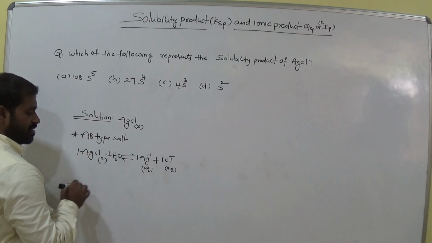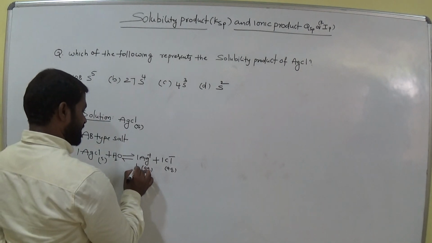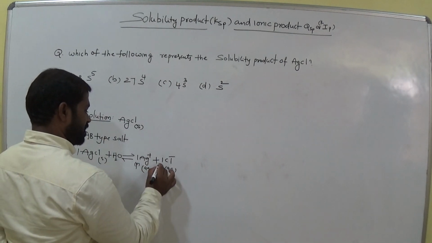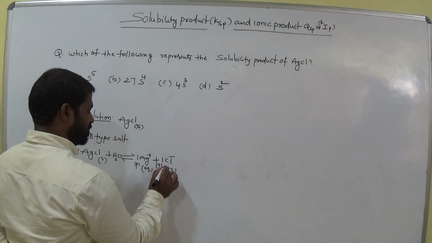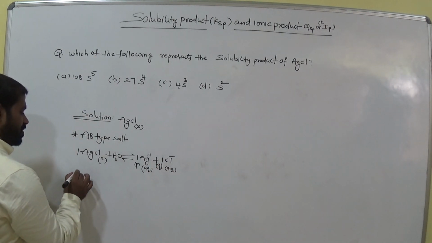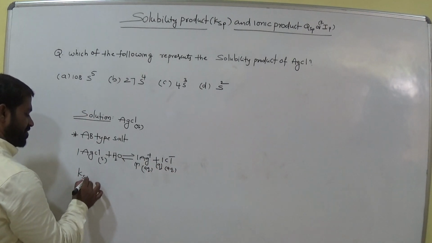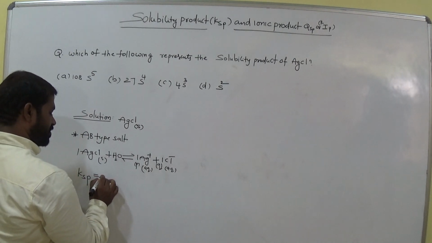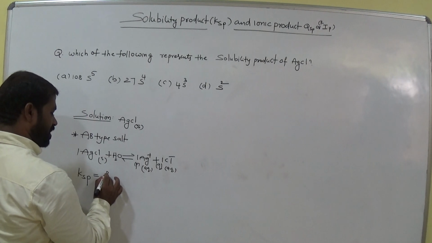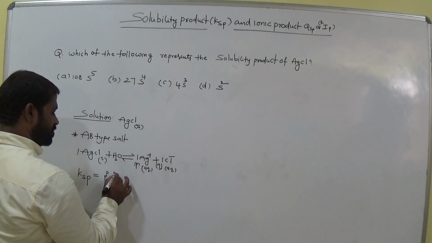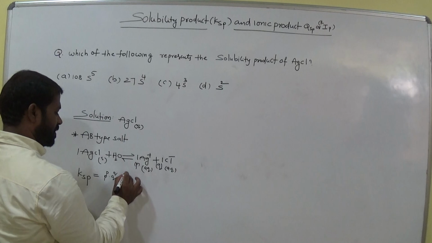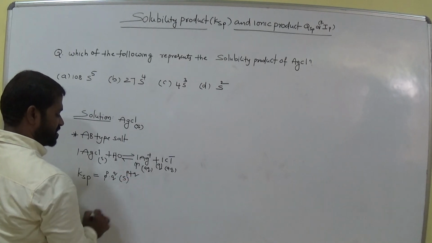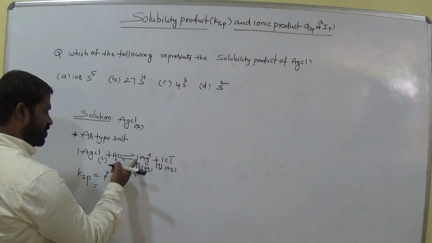Let's take this one as P and this one as Q. Now KSP for these kinds of salts: what is the relation? P power P, Q power Q, S whole power P plus Q. So what is P? 1.